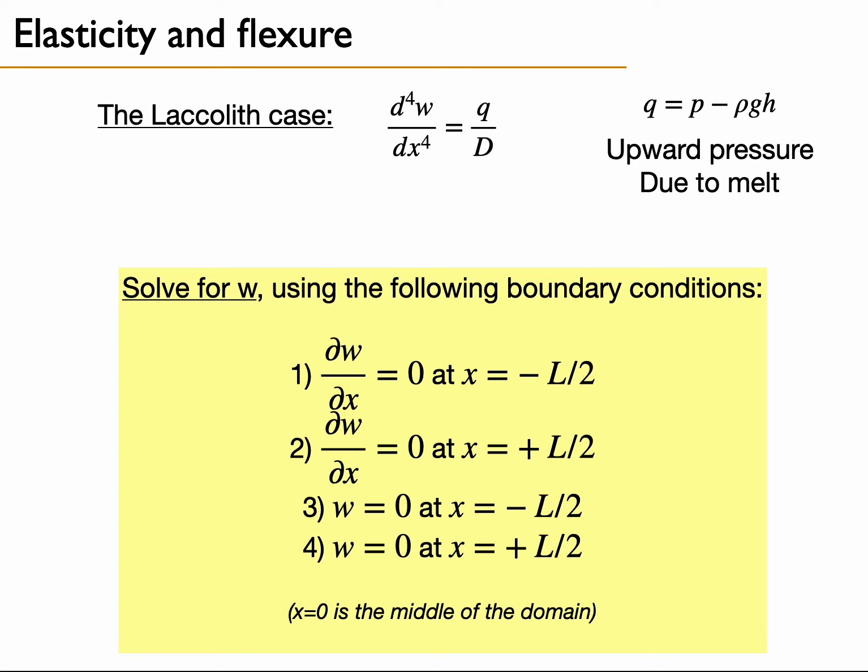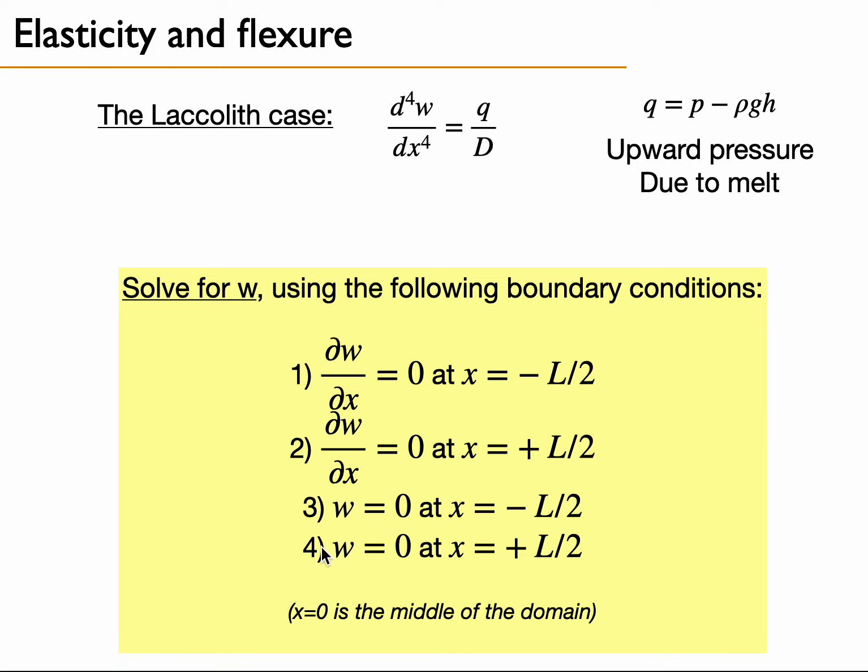So let's go through the solution procedure, and we now state the different boundary conditions. We will assume that dW/dx, the first order derivative of W with regard to X, is equal to 0 at position X equals minus L divided by 2 and at L divided by 2.